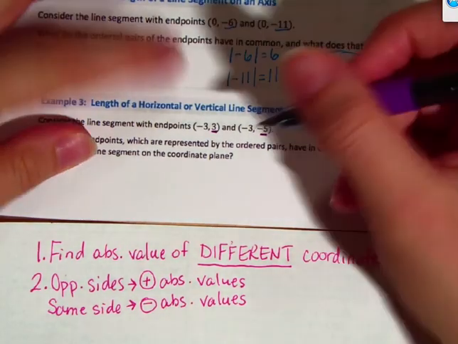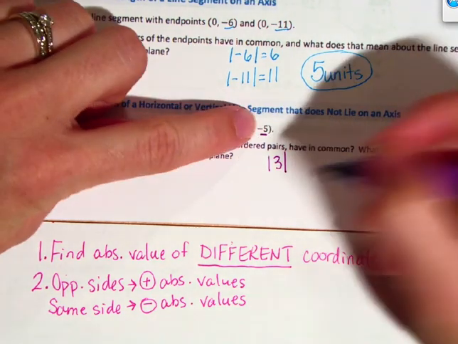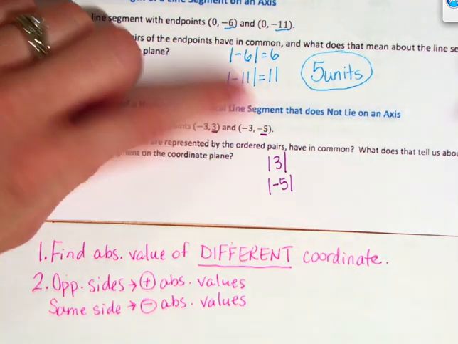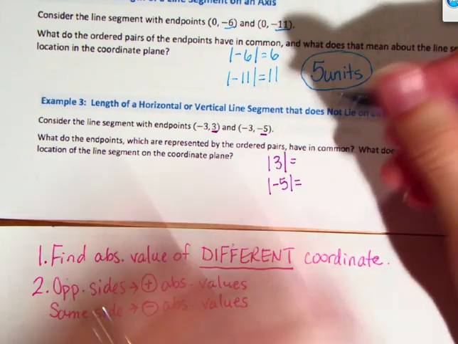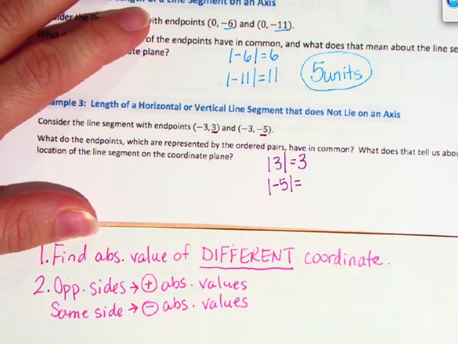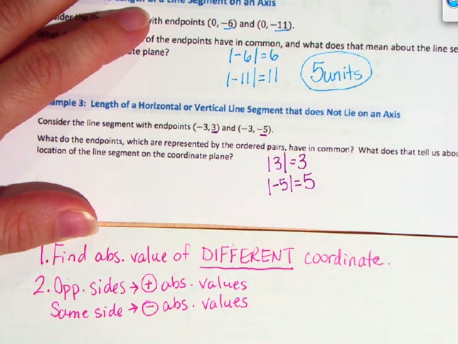We're going to find the absolute value of 3 and the absolute value of -5. The absolute value of 3 is 3. The absolute value of -5 is 5.